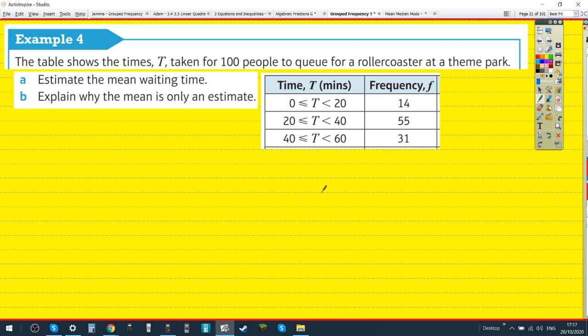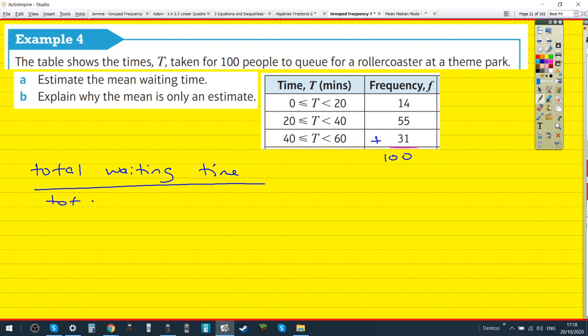It says that it has to add up to 100 people. So I believe these add up to 100, and then you divide it by 3. There's 3 categories. I believe it would be total waiting time out of total people.